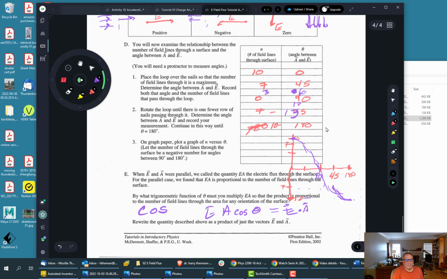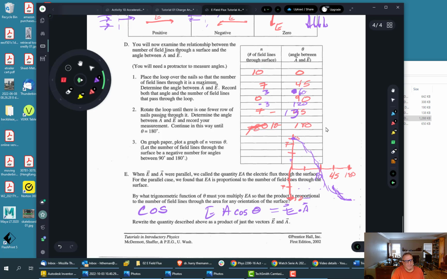Yeah, 120. So you could figure this out. Anyways, these would be negative because now the A vector is pointed the other way.